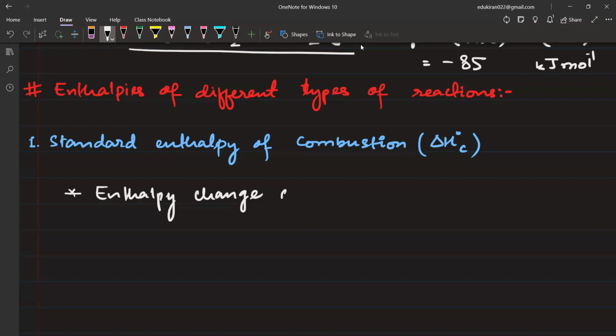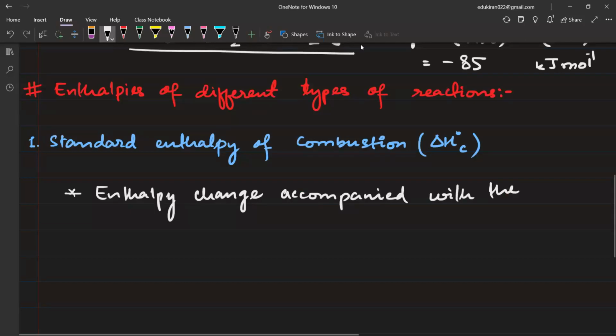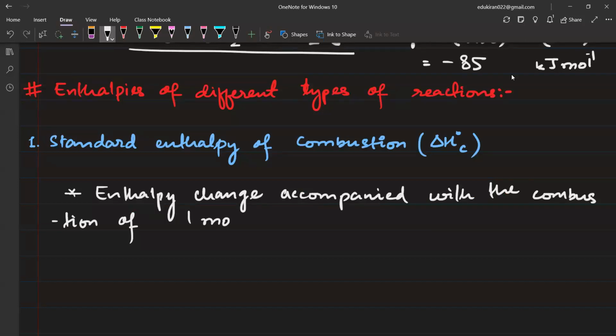we can say accompanied with the combustion of 1 mole of any substance.